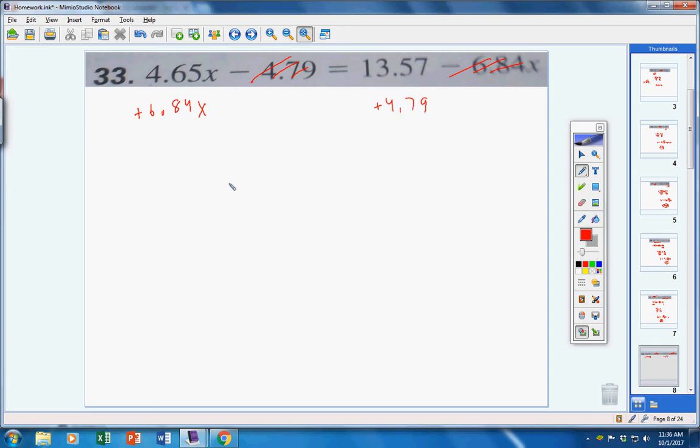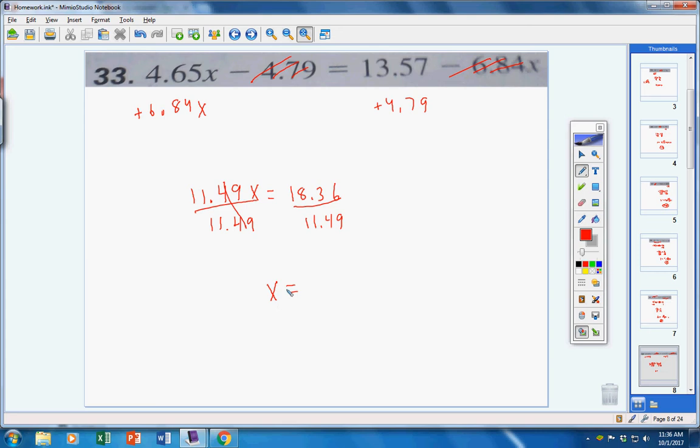And we end up with 11.49x equals 18.36. Alright, now we're going to divide both sides by 11.49. And let's see what we get here.